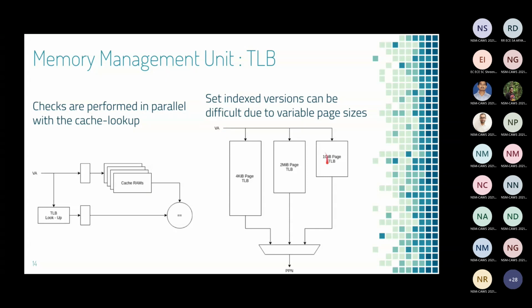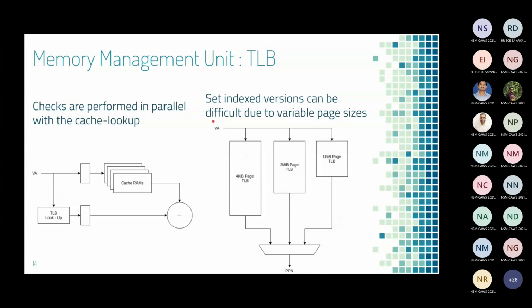So typically we implement fully associative TLBs, and there is a limit to the size of those TLBs. You can't exceed 32 or 64 without compromising on performance. But if you wanted to really have a very large number of TLB entries, you can go for set-indexed versions. Now, in RISC-V, there are different page sizes that are available.